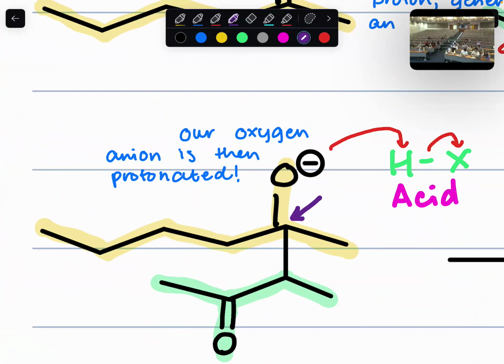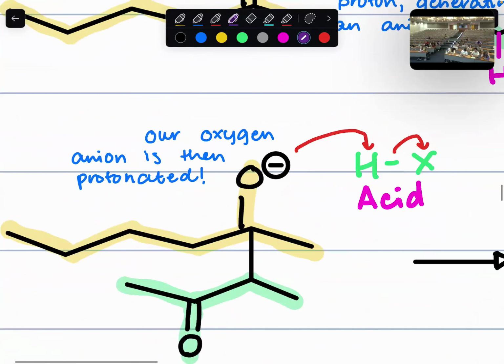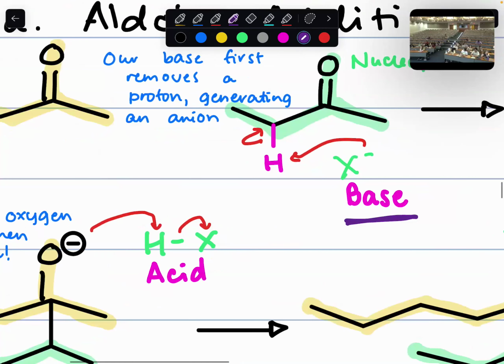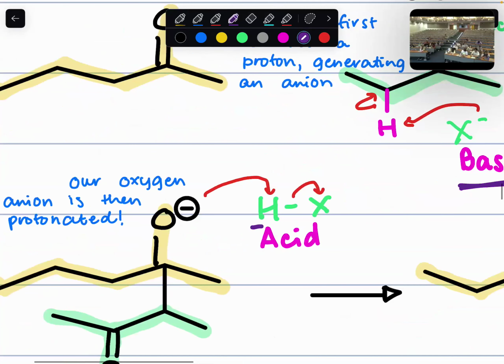Tetrahedral intermediates are not stable, so they fall apart really easily. That's where you would see a condensation. But because we have this base that we protonated earlier, it's now ready to give back that hydrogen.